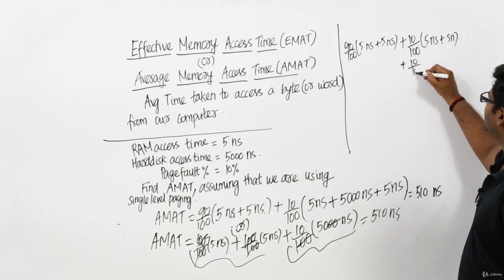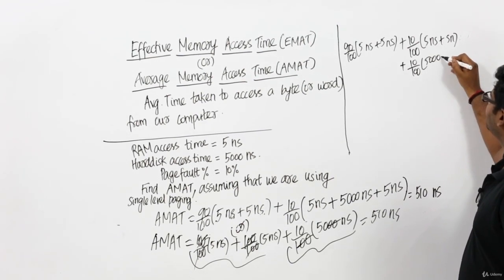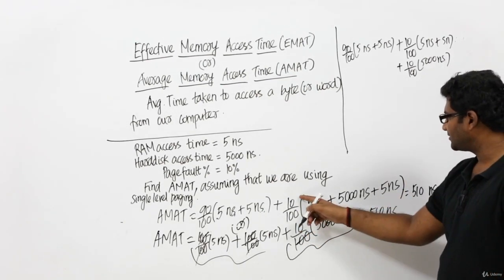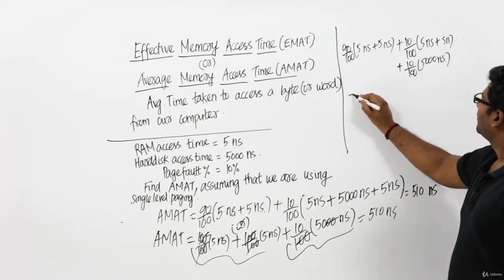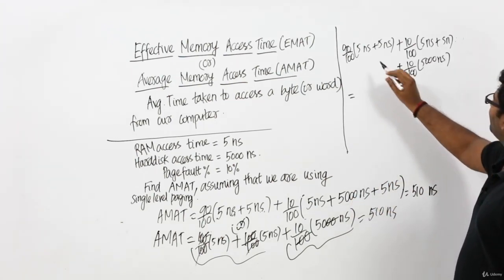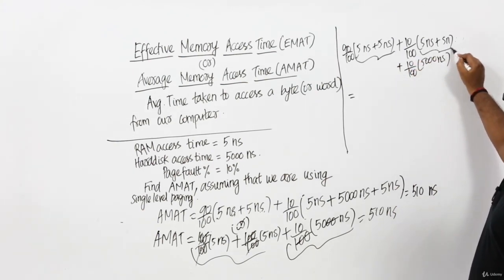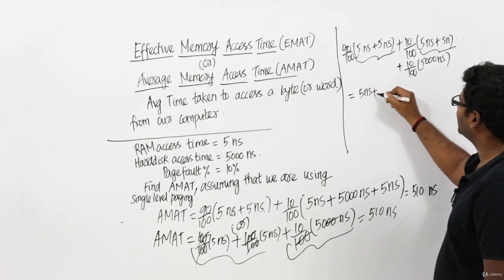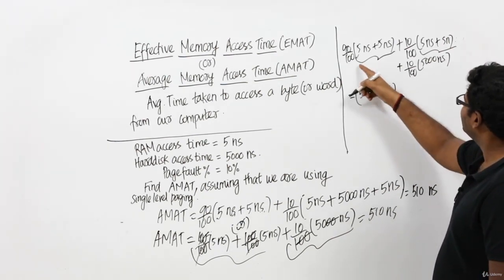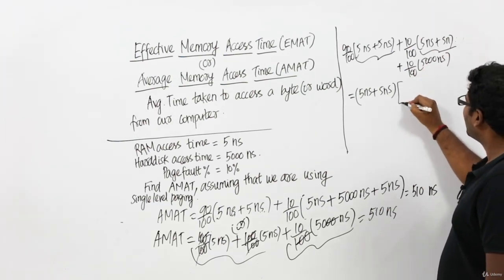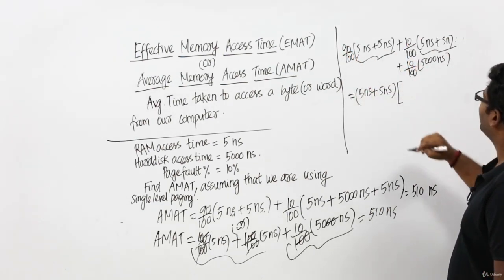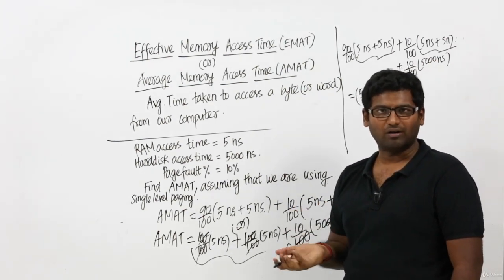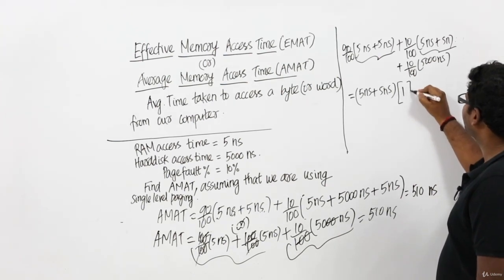I have just written them separately. Now the 5 nanoseconds plus 5 nanoseconds is common, so I can take it as a common bracket. Now what will happen here? 90 by 100 plus 10 by 100 is nothing but 100 by 100, and 100 by 100 is 1. So effectively this is 1.